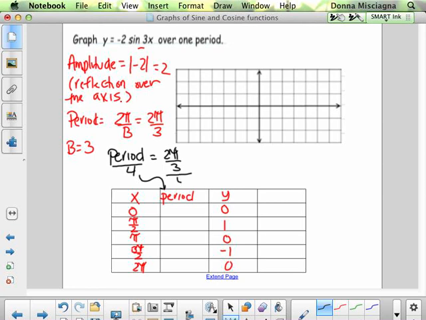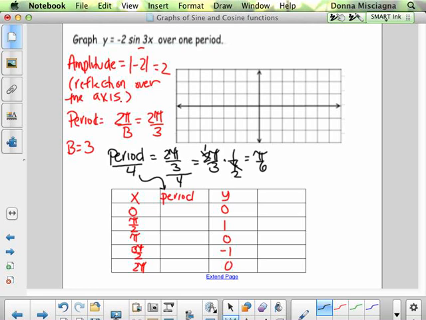If we divide by 4, that's the same as multiplying by 1/4. So that would be 2 pi twelfths, or we can reduce that. You can reduce that 2 and the 4. 2 divided by 2 is 1. 4 divided by 2 is 2, which would give us pi sixths.